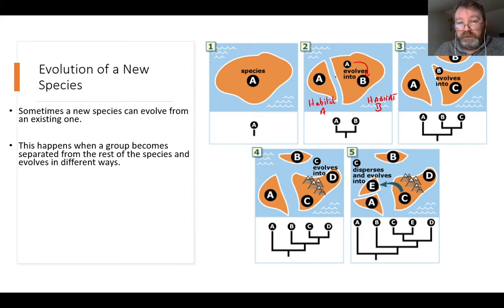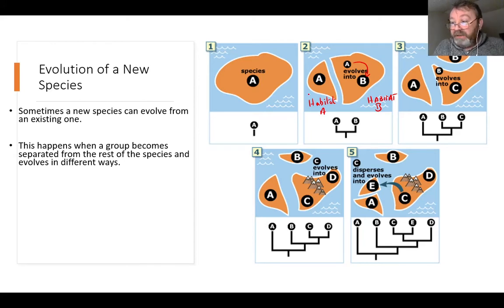Both groups will continue to reproduce and continue to move down through time, but because we have two new patches of land, which perhaps offer two completely different habitats, the animals will evolve according to where they find themselves.